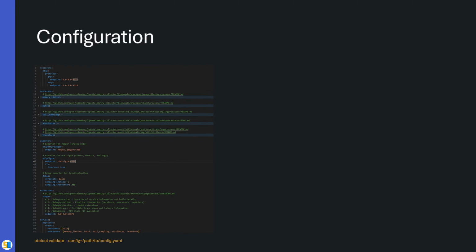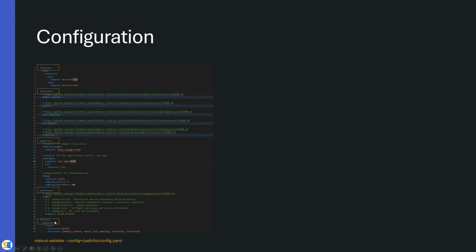So this is a sample OpenTelemetry configuration in a YAML file. The configuration is divided into four blocks: receivers, processors, exporters, and then extensions, where we can extend the functionality with provided extensions.